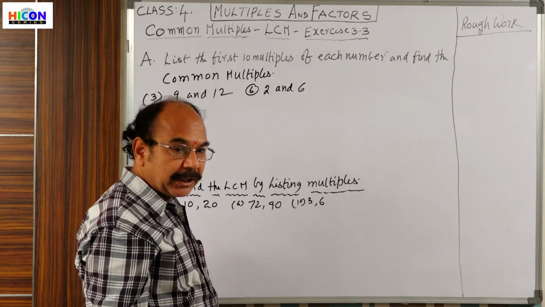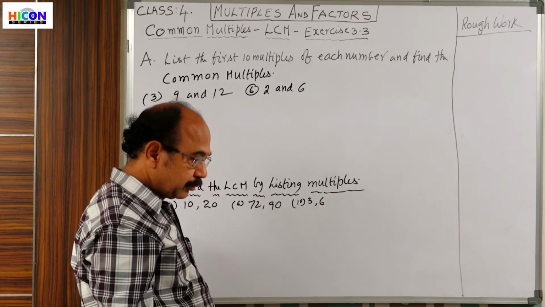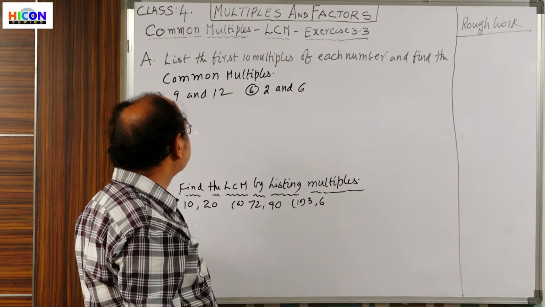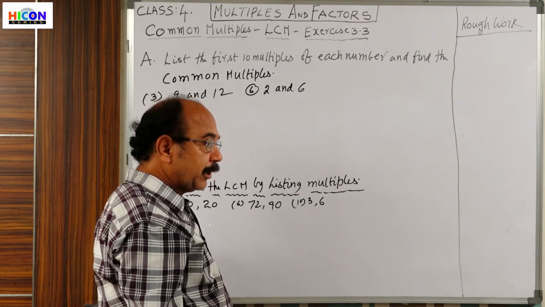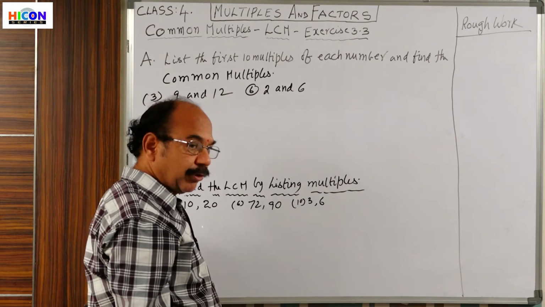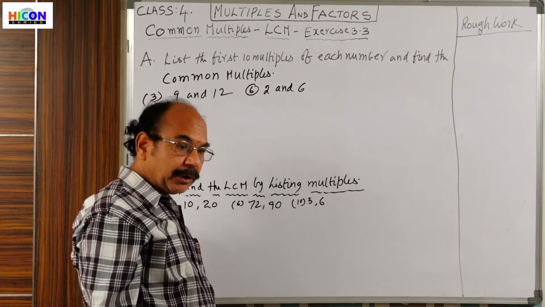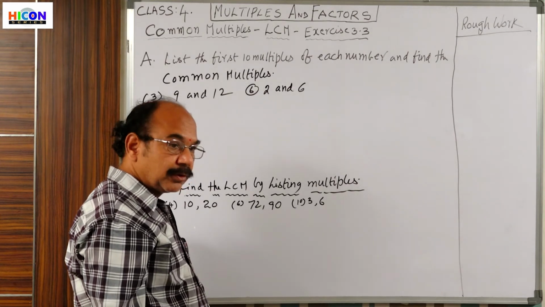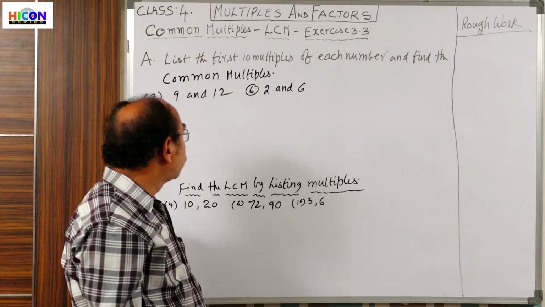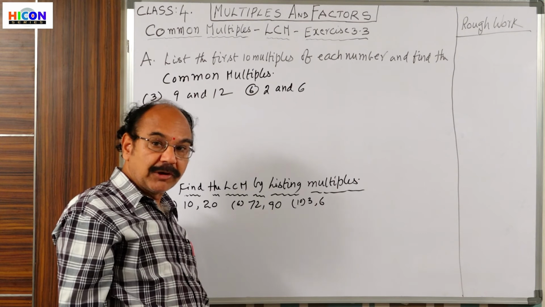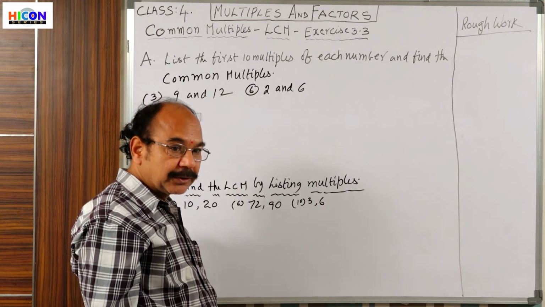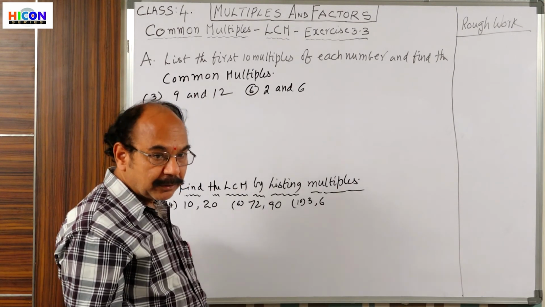Common means what here? Common to both. That means the multiples which are common to 9 and 12. They have to occur in the multiples of 9 and also in the multiples of 12. That is called common.